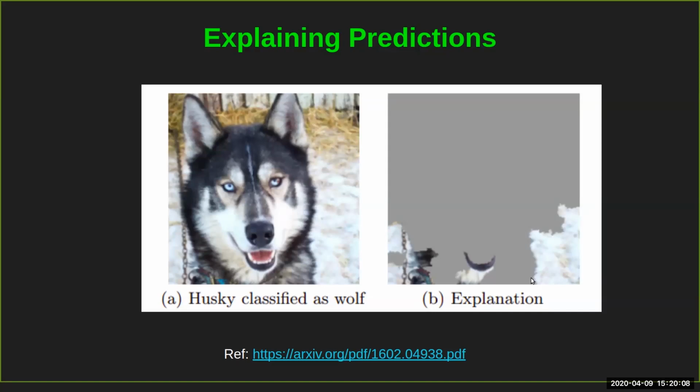In the data set, the wolves are wild animals living in cold places, so they can have ice in the background. The algorithm just looked at the ice in the background, and based on the background, it classified whether the image belongs to a wolf or a husky.